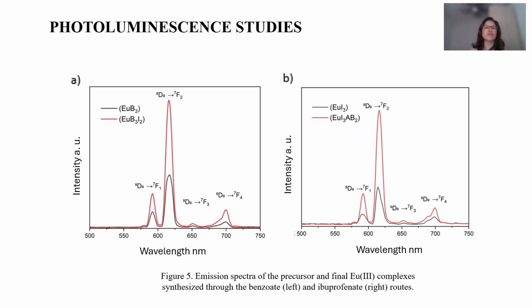The mixed ligand complex containing 3 benzoate ligands and 2 ibuprofen molecules exhibits the highest emission intensity. This result indicates that this coordination environment provides the most efficient antenna effect and the most effective energy transfer from the ligands to the europium ion. Overall, these results demonstrate that both ligand selection and coordination geometry strongly influence the luminescent performance of europium complexes.